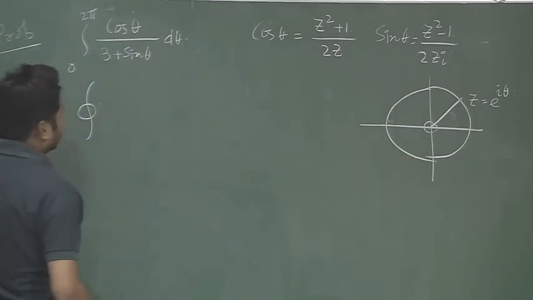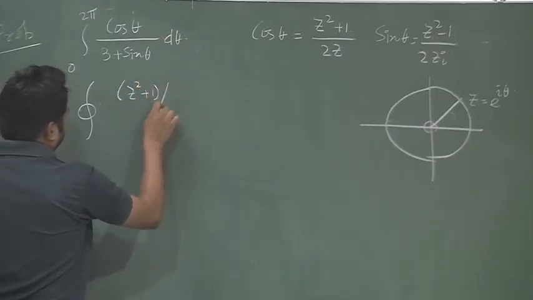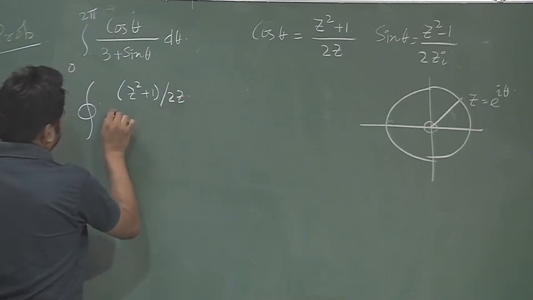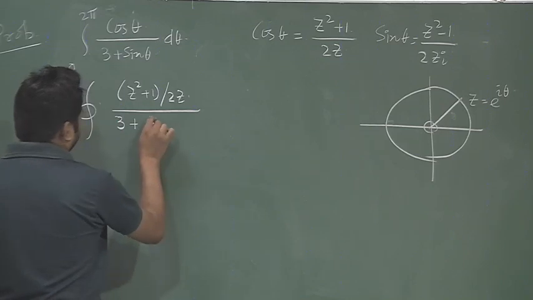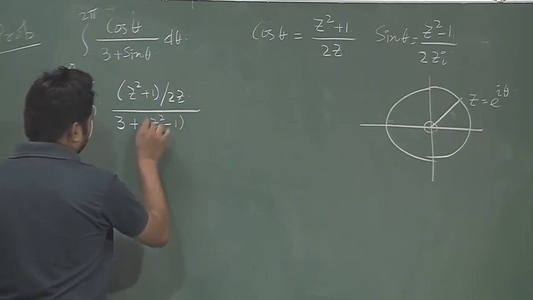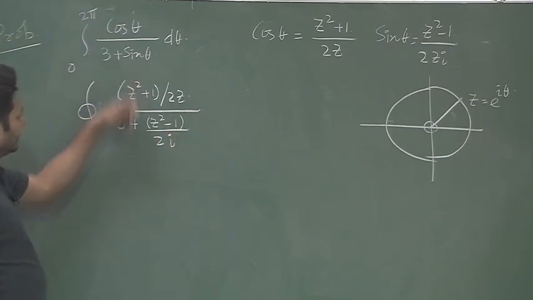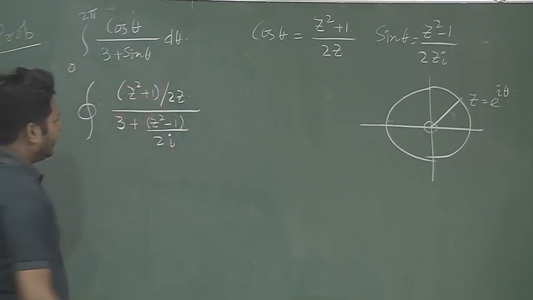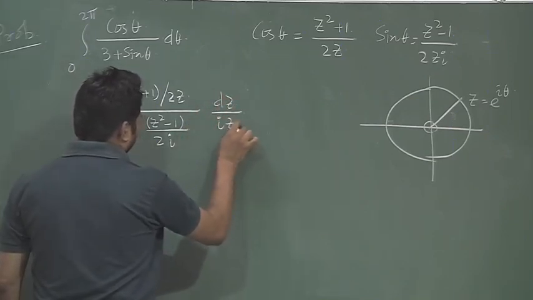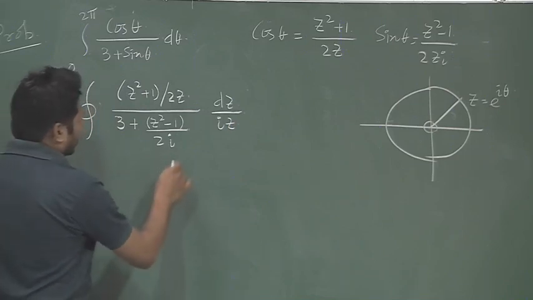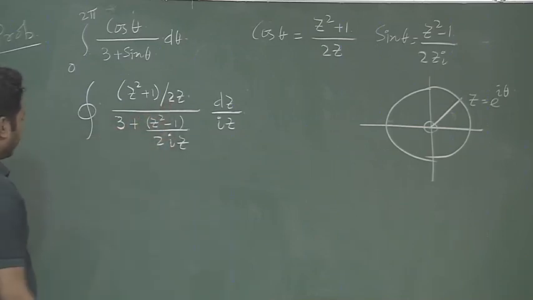So, this is z square plus 1 divided by 2z, 3 plus sine is z square minus 1 divided by 2i, and I replace d theta, which is dz divided by iz. It is 2zi, not 2i, 2zi and 2z.